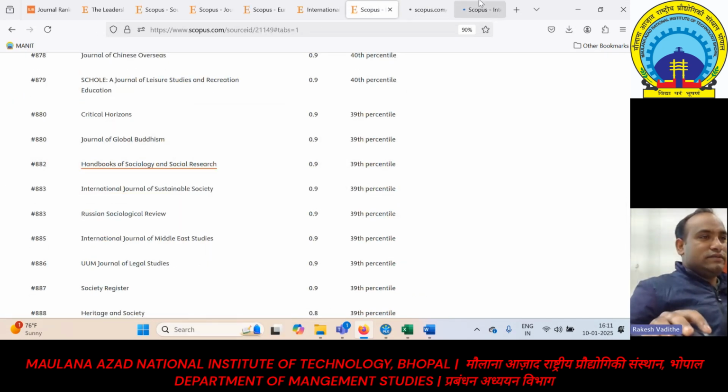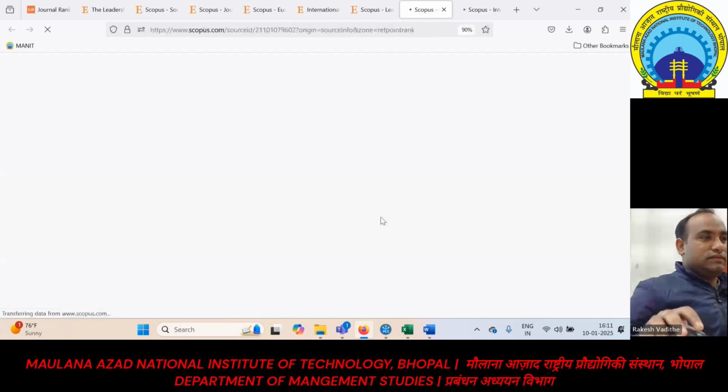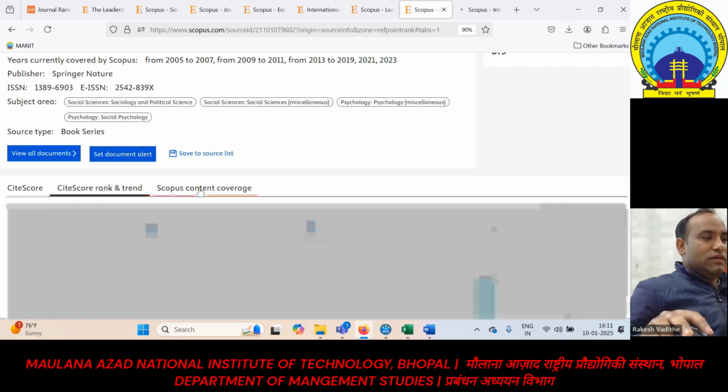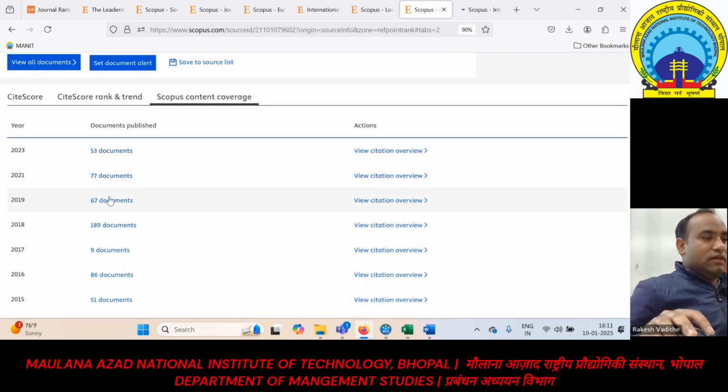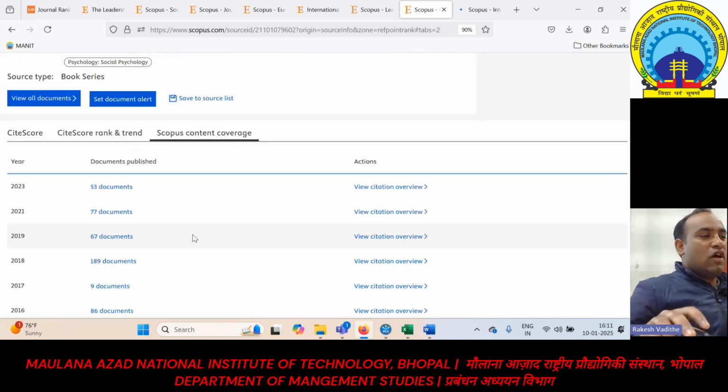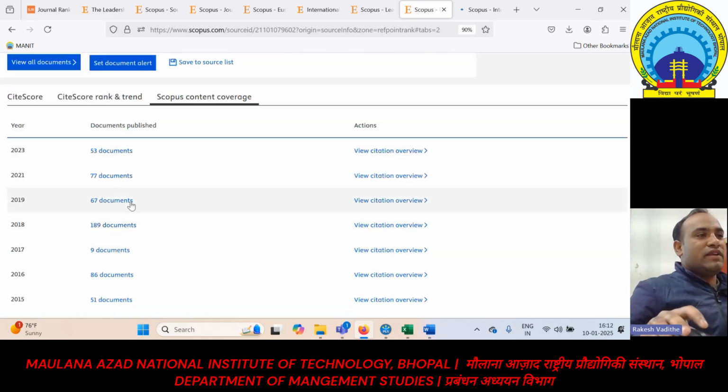We'll check this one. Here it is possible because 9 to 189, 67 means they do not have any consistency in their journal. How many papers they will get, they will consider.